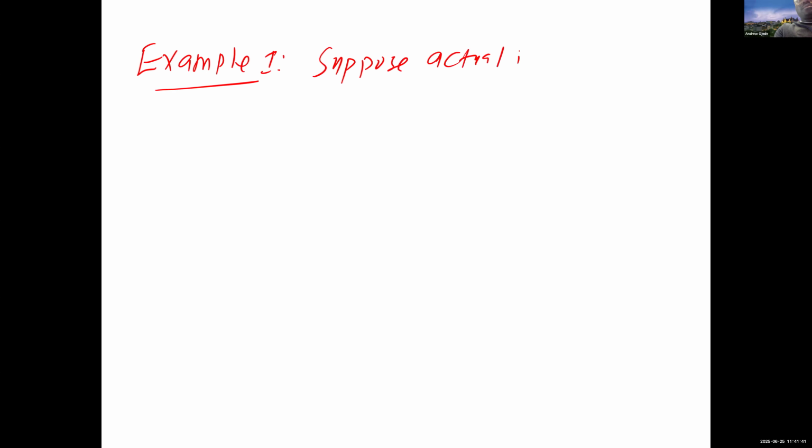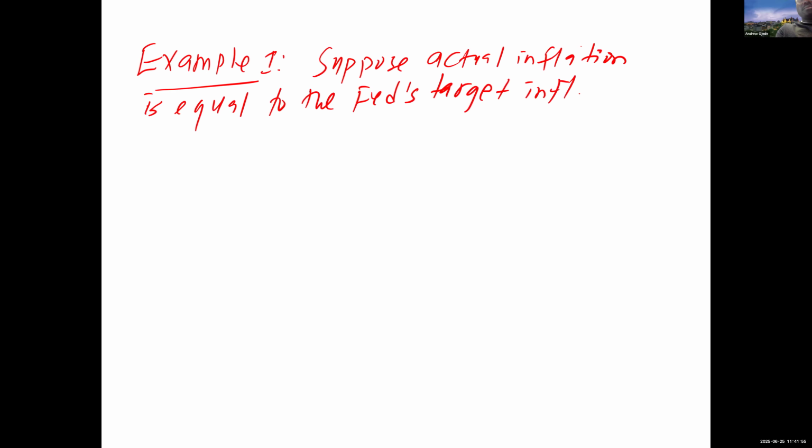So let's do example 1. Suppose actual inflation is equal to the Fed's target inflation of 2%, and GDP is at full employment.